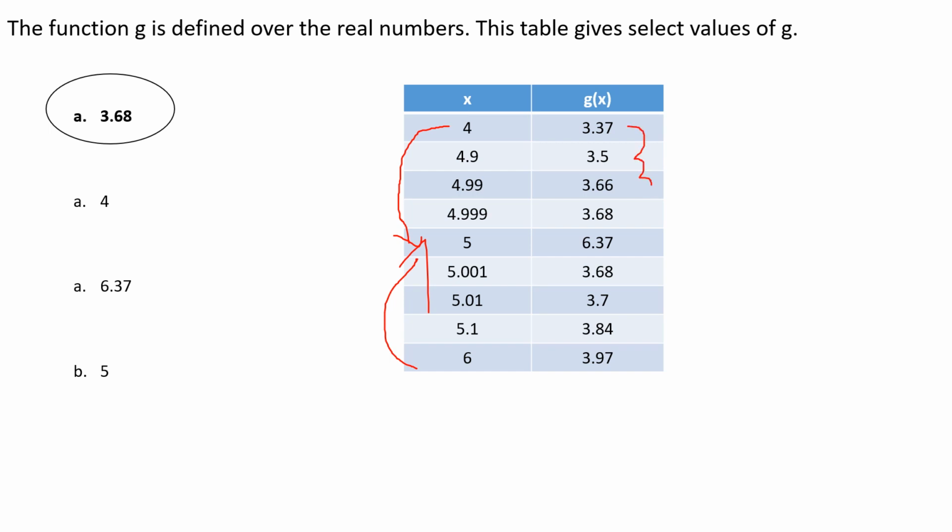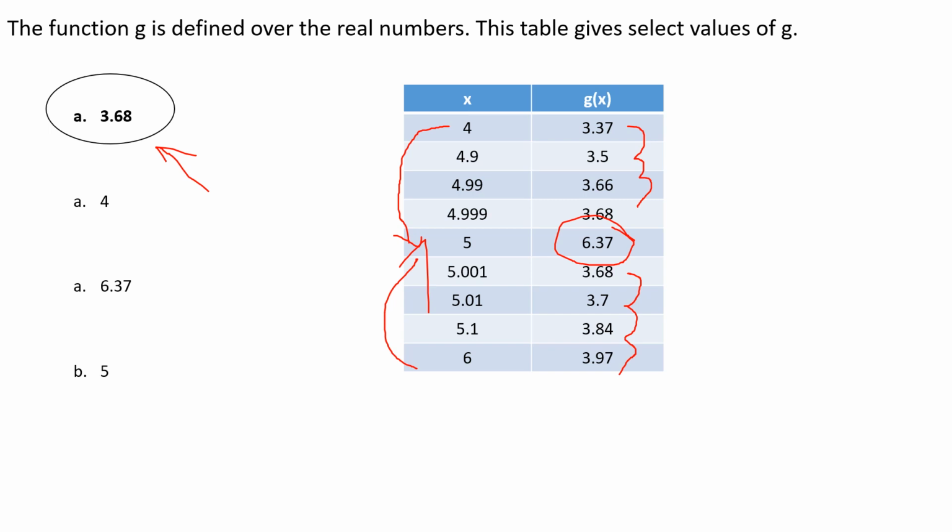Let's see what the result is. 3.37, 3.5, 3.66, 3.68, 3.97, 3.94, 3.7, 3.68. Now, it is at 6, but it's approaching more like 3.6 something. So what's the reasonable limit? It'd be 3.68. Just because it equals that at 6 doesn't mean it's approaching that at 6.